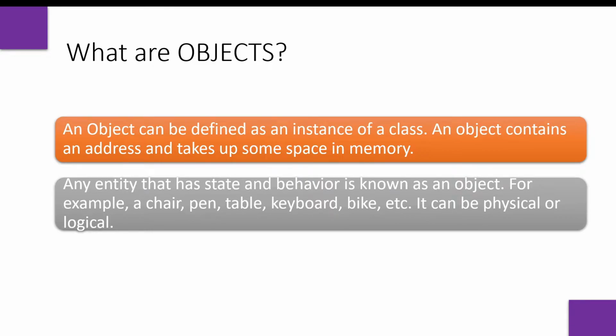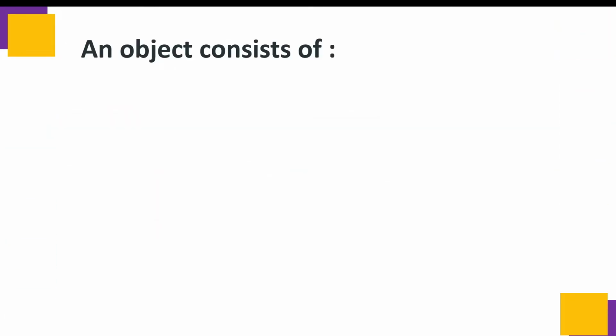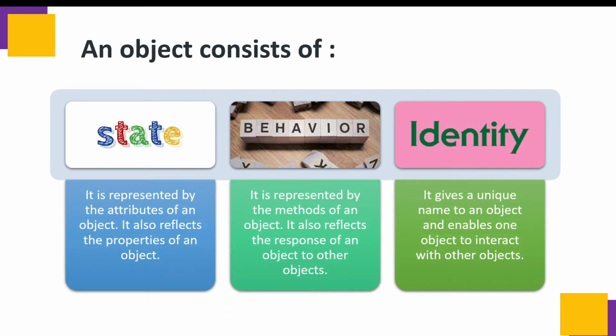So the object is basically the real world entity or the instance of a class. An object consists of three main things. What are they? State, behavior, identity.